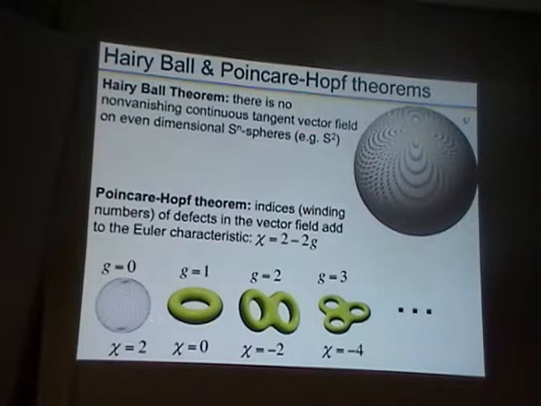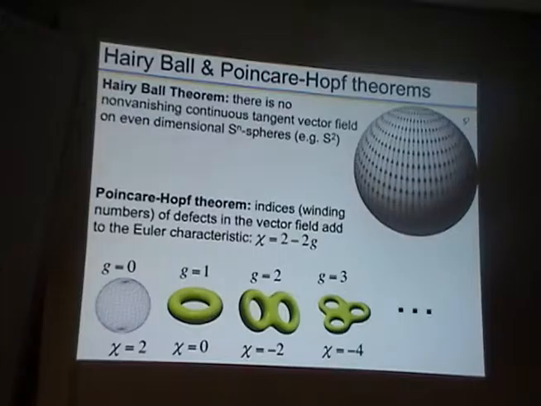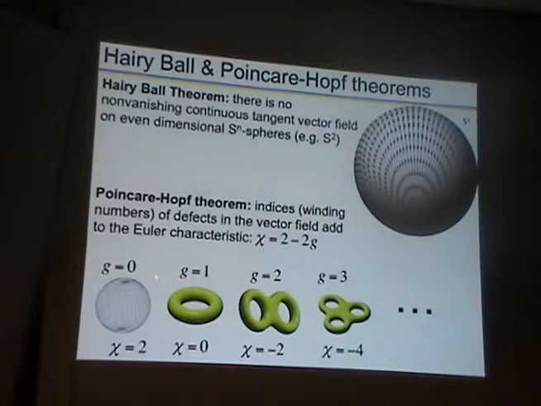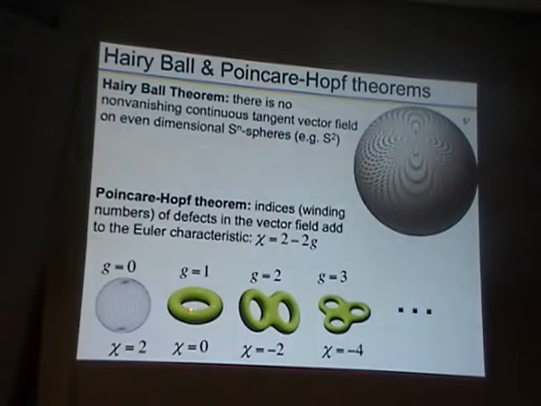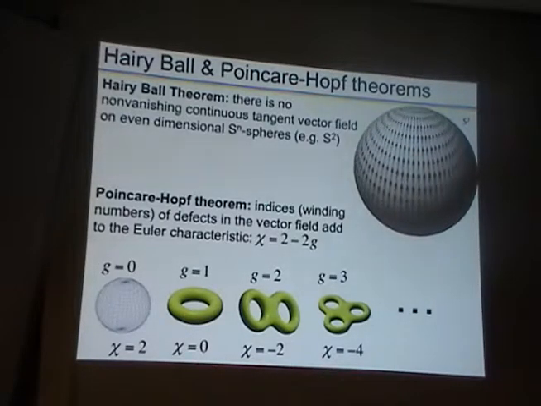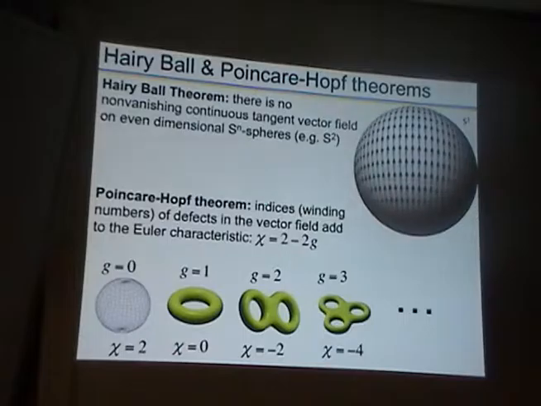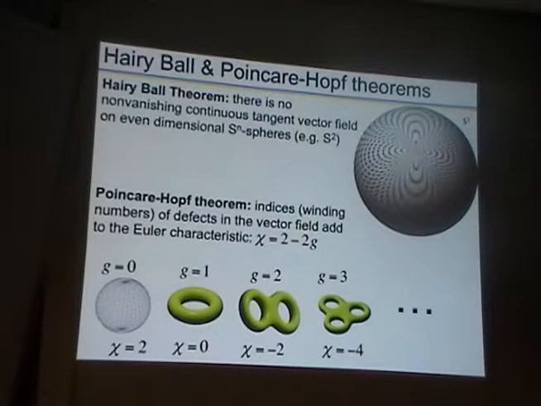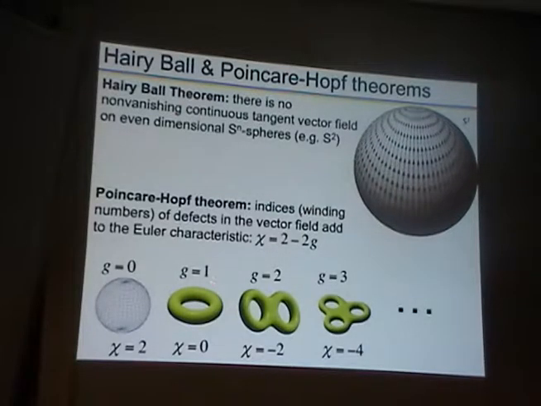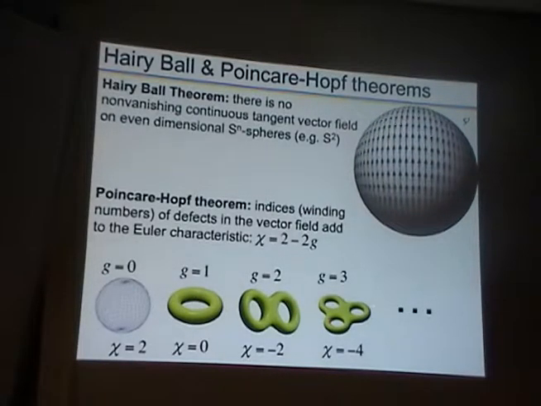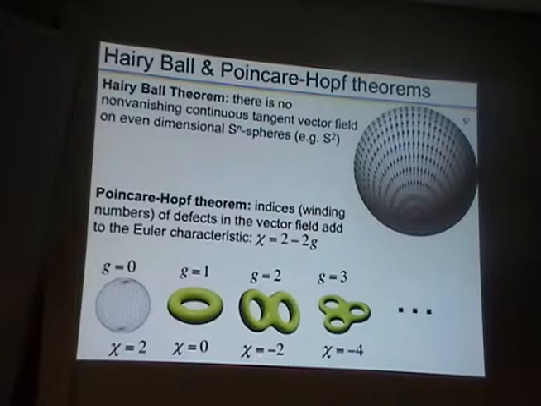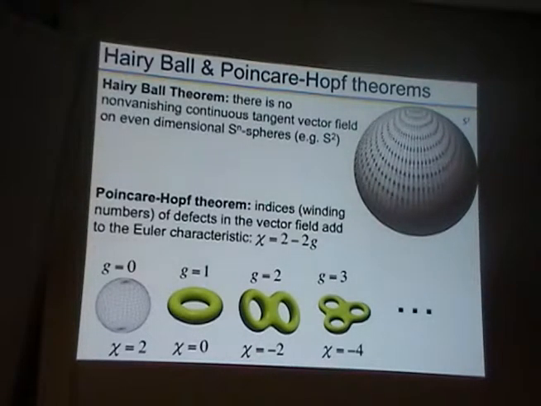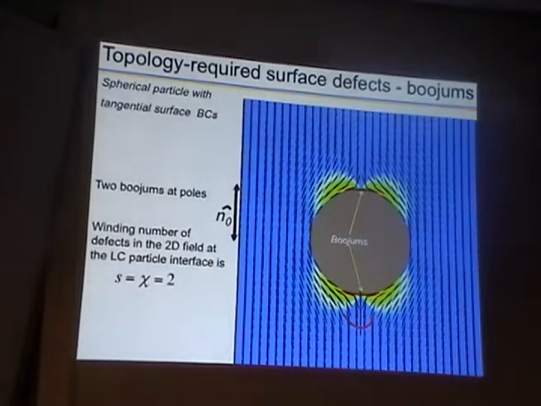In here you can see what we should expect for different surfaces with different numbers of holes. For example, for a torus, we don't have to introduce defects. We could actually deal with a uniform vector field or director field, while if you go to higher genus surfaces, then the net winding number of defects should be equal to chi.